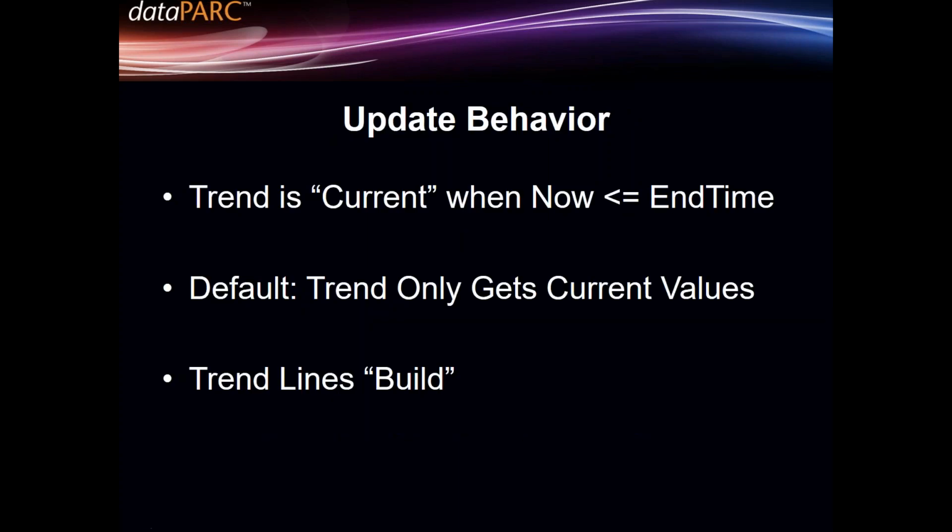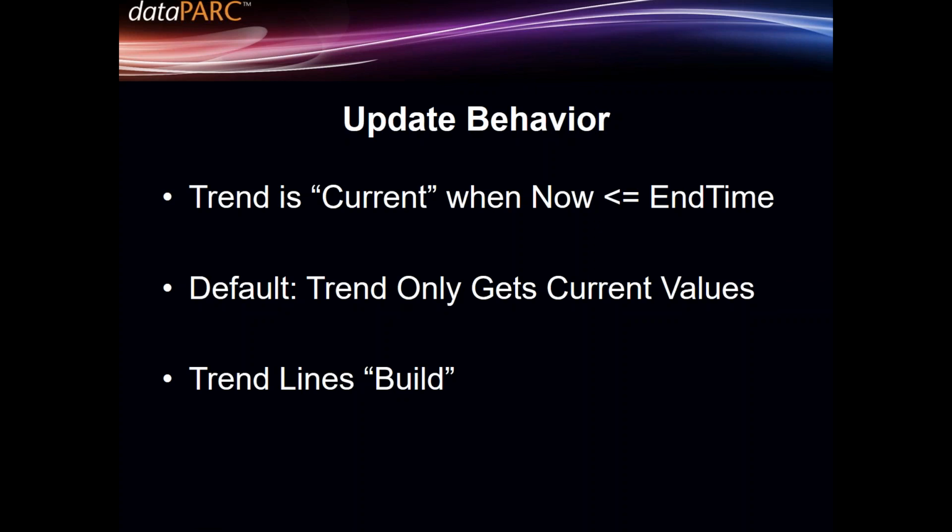Okay, so continuing in that vein, Aaron mentioned it a little bit. How does a trend actually then update and get new values when the user is not interacting with it? And that's what we call the current mode and the trend. And really a trend is in current mode whenever the end time of the trend is greater than or equal to now. So there's no toggle that you do.